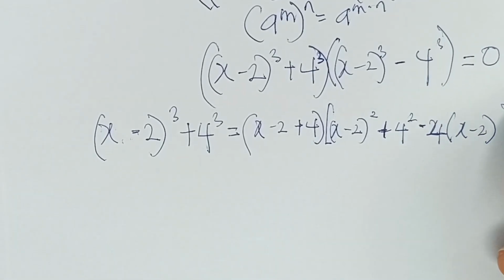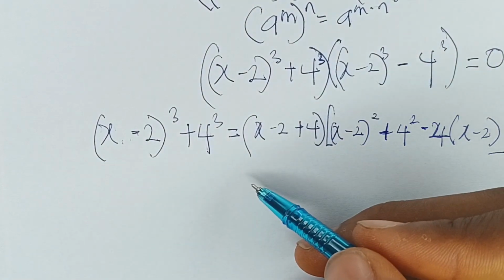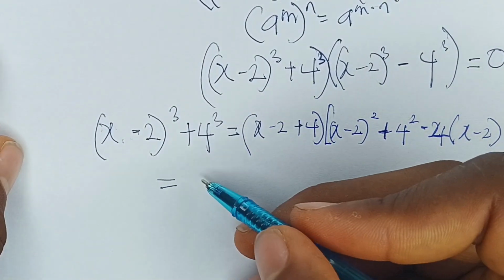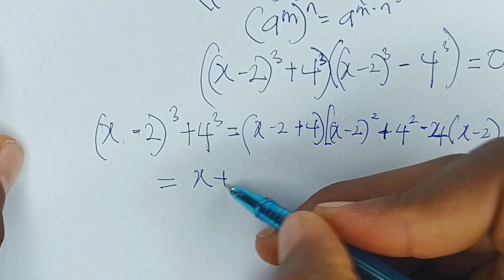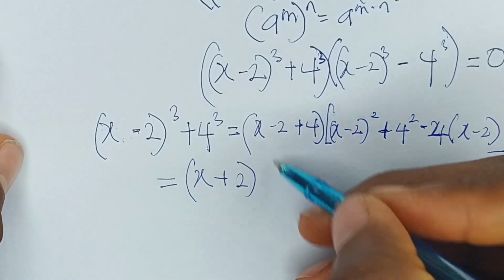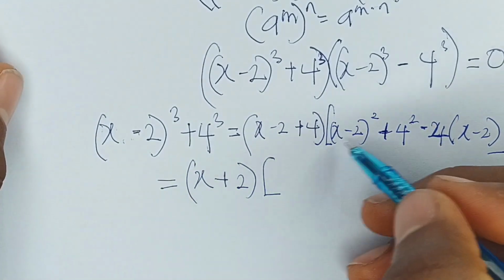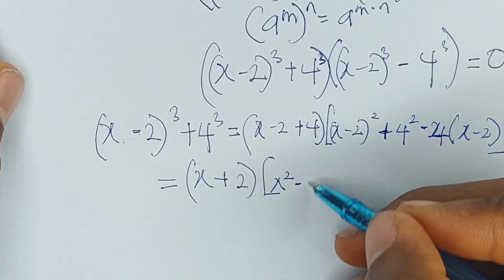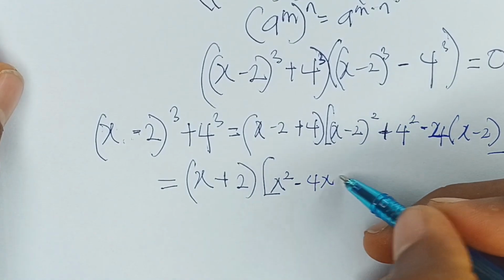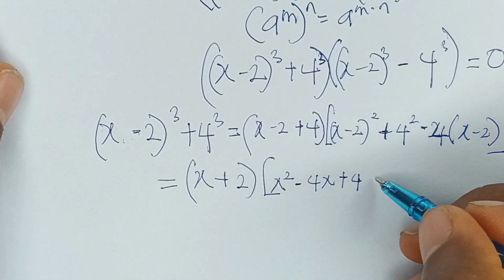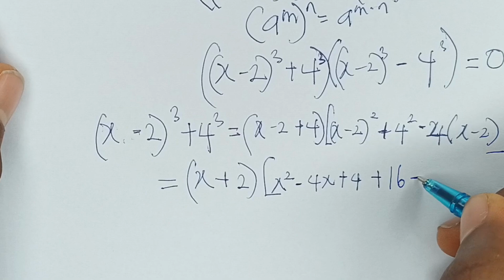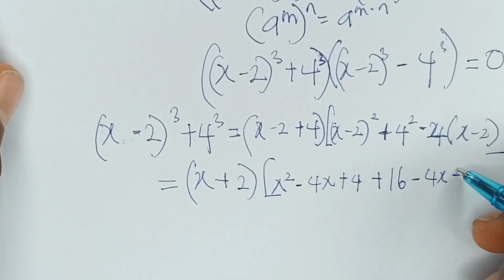So this is the sum of two cubes formula. And this becomes equal to (x + 2) multiplied by (x − 2) all squared, which is x^2 − 4x + 4, plus 4 squared is 16, minus 4x plus 8.